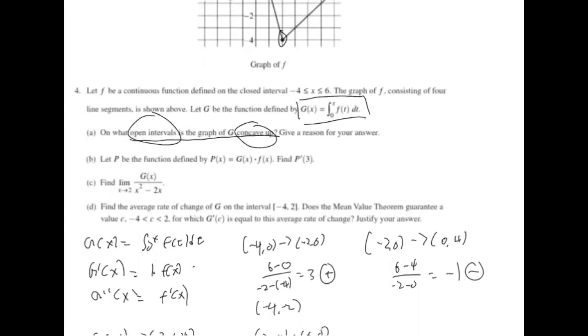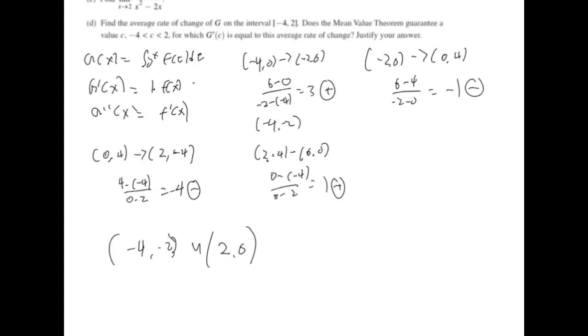Number 2 asks us to find p prime of 3. So p of x equals g of x times f of x, and when we differentiate, we need to use the product rule.